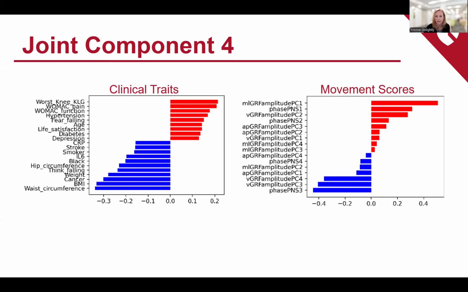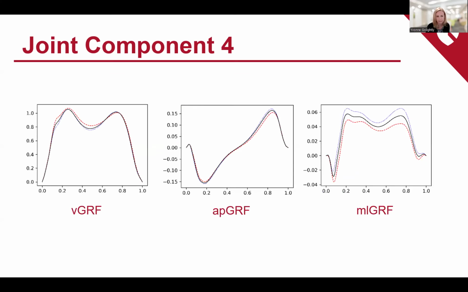And then we see for the movement scores block in red that the first mode of the medial lateral ground reaction force amplitude had the highest loading. And in blue, we see the third phase mode, as well as the third and fourth modes of vertical ground reaction force amplitude had the highest loadings in that negative direction.